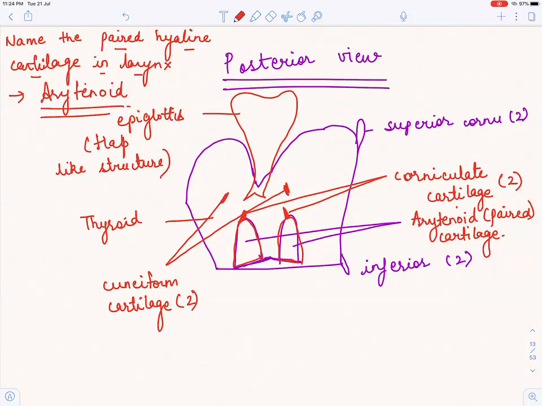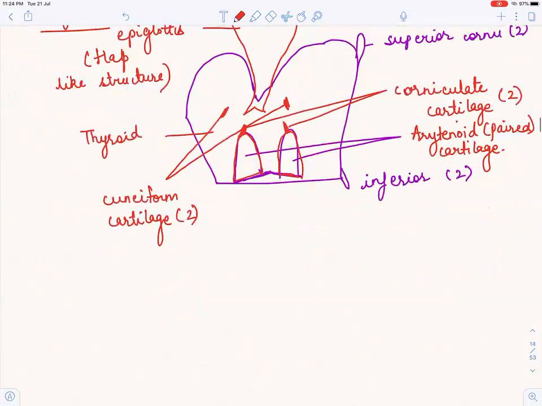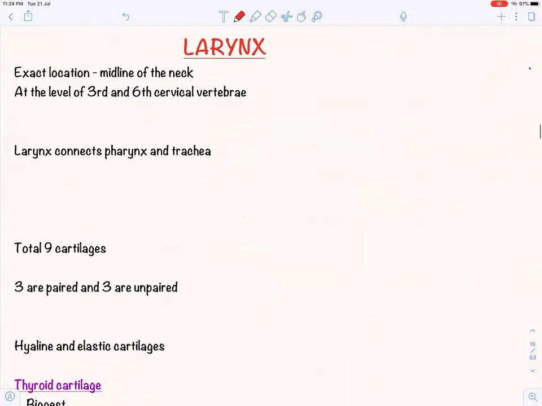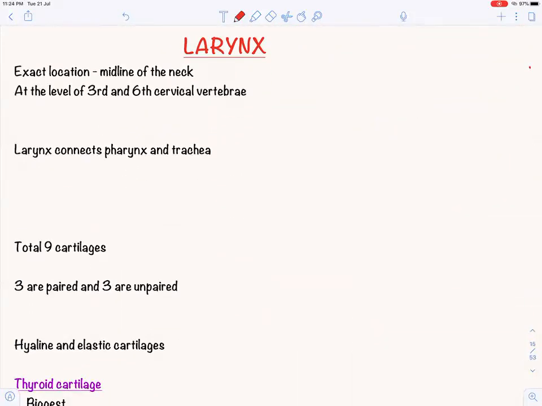Now we'll study all the various things. So here comes the larynx. We study the exact location where it is present. It is present in the midline of the neck, at the level of the 3rd to 6th cervical vertebrae.